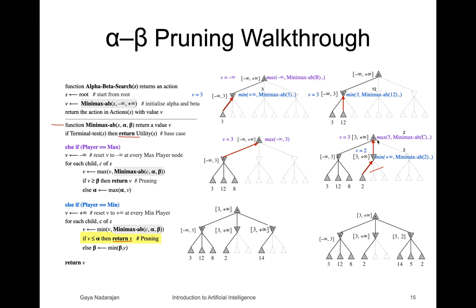Remember, this was the result of that minimax AB of C. And now max will continue processing the next line of code, which says, note that v first gets the value 2. I should update v with 2 there.